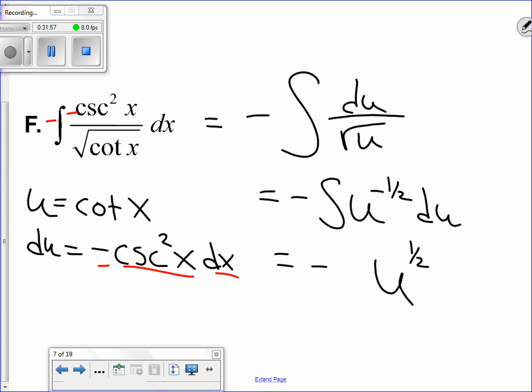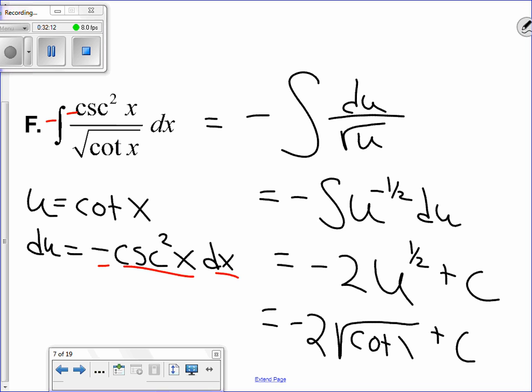Multiply by the reciprocal, 2. So 2 over 1 is 2. So we get negative 2 times the square root of cotan of x plus c. Where is this coming from? The negative was out here, and then we multiply by the reciprocal.